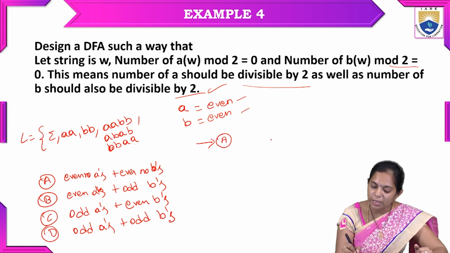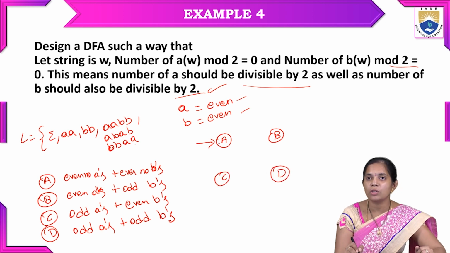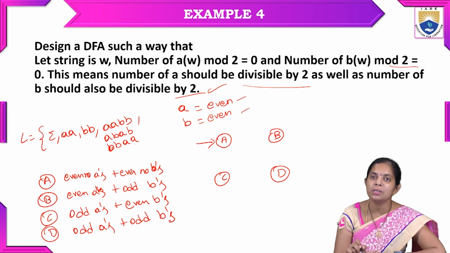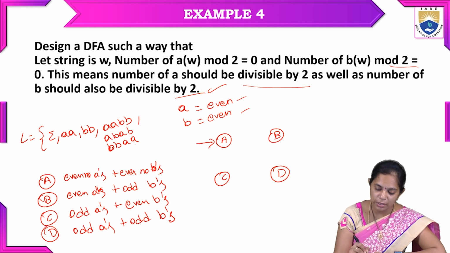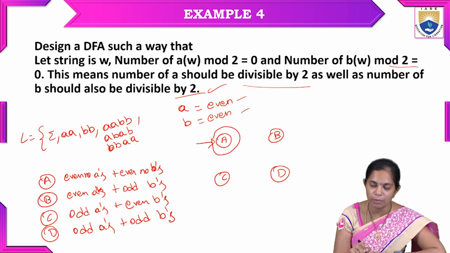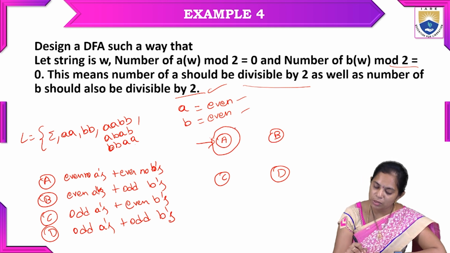And here I am taking A, B, C, D. Same concept as previously discussed: when we add one more A to this one, it is reaching another state. For even number of A's and even number of B's, 0 is also accepted, because 0 is an even number. So if you give 0 as an input symbol, it is a self loop.